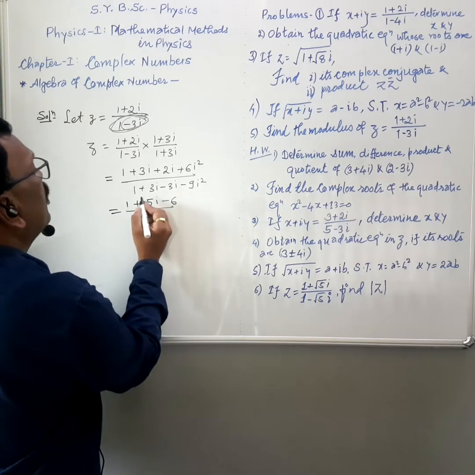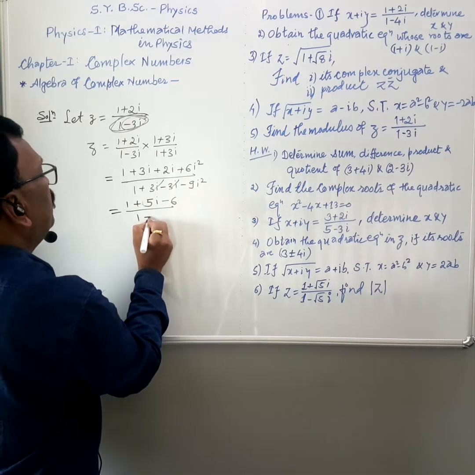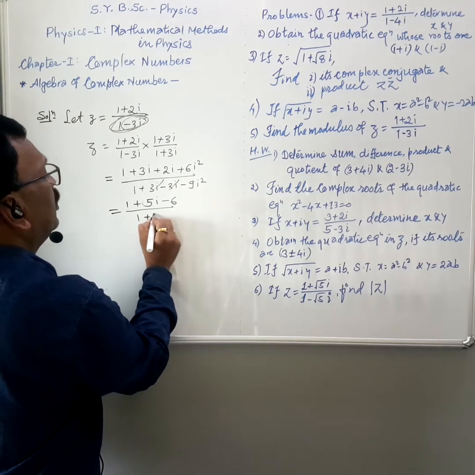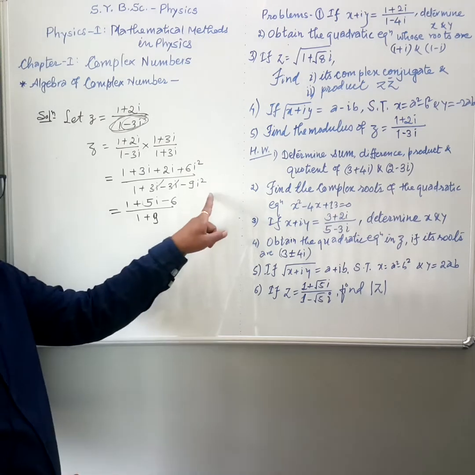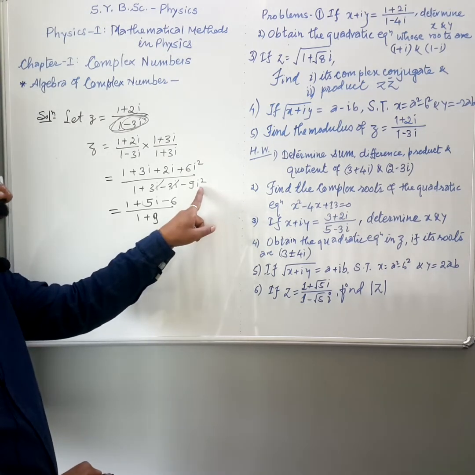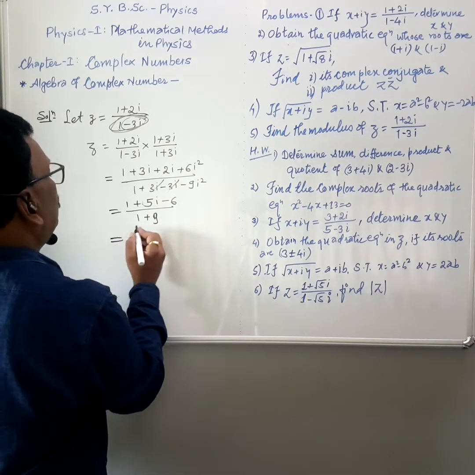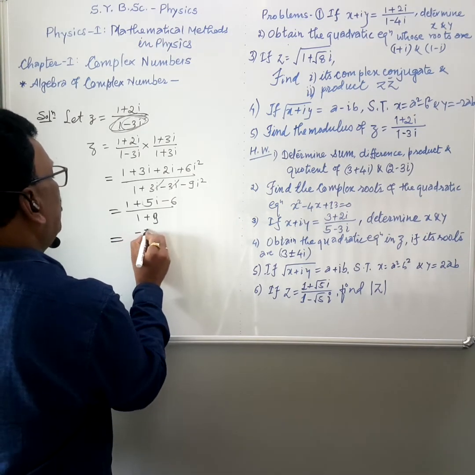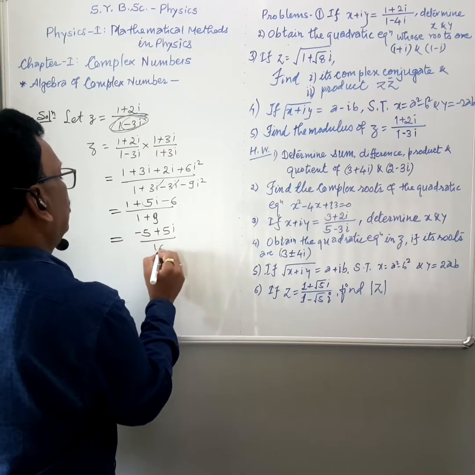upon, this term getting cancelled with this term. Hence, 1 plus 9. Why plus sign? i square is equal to minus 1, so minus minus is plus. Okay. Solve this term, we get minus 5 plus 5i upon 10.